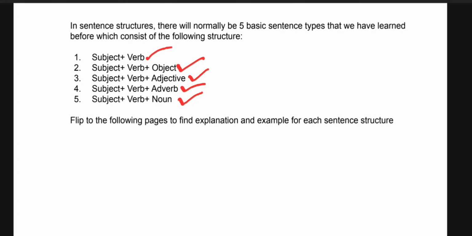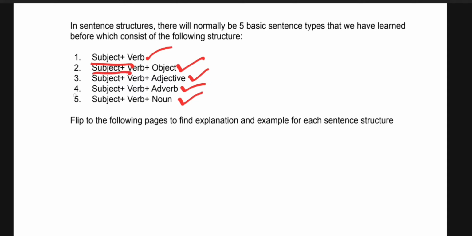So for this lesson, I think I will divide it into 2 parts, just to make it easier for you to understand, to grasp the concept of each sentence structure. So I think the first part, I will go with subject plus verb first, and then I will go with subject plus verb plus object.